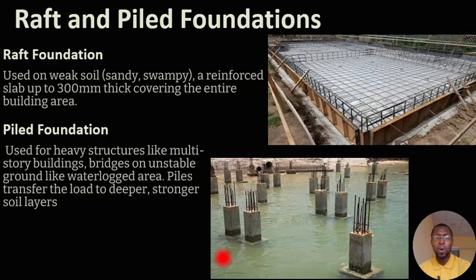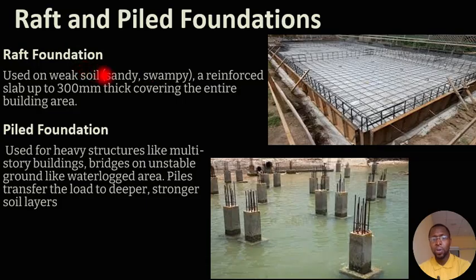We still have another one, that is the raft foundation. The reason we use this raft foundation is when you have reason to build your house or raise your building on weak soil, like a sandy or swampy environment. People build their houses or raise their buildings in swampy areas, but if you must do that, then you must consider using a raft foundation.